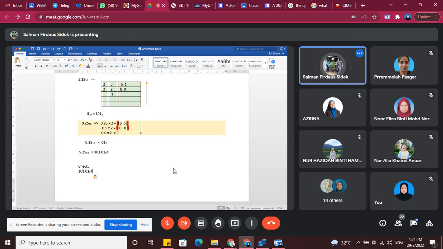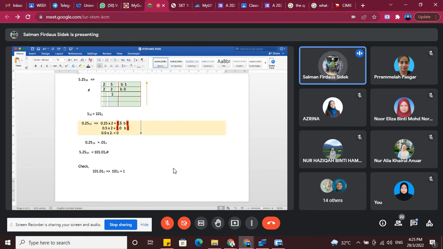So from binary, kita convert balik kepada decimal. Kita guna kaedah, dua-dua kena guna sebab satu nombor sebelum perpuluhan, satu lagi selepas. Jadi 101 asas 2 is equal to asas 10.